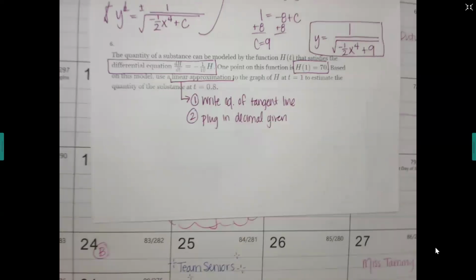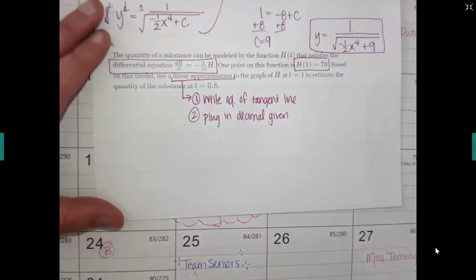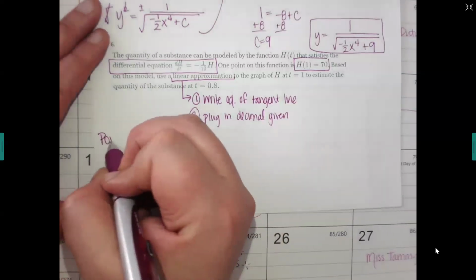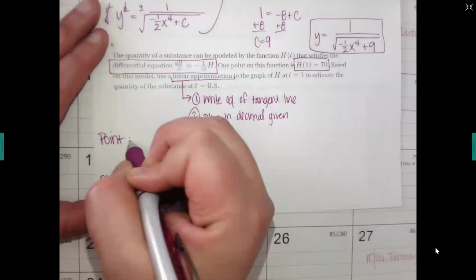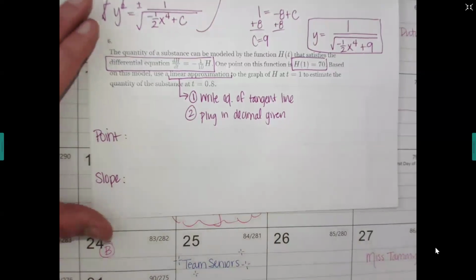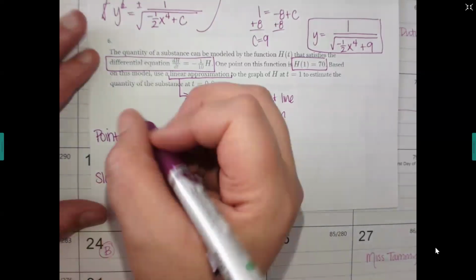So, what are the 2 ingredients that you need to write an equation of a tangent line? Point and a slope. Look in the problem. What point did they give you? Right here, h(1) = 70. The 1 in the parentheses is the x. The 70 is the y. So it's (1, 70).